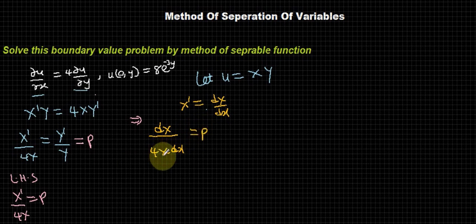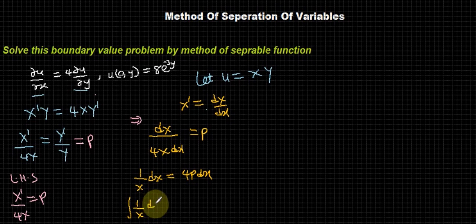We bring 4 dx to the right hand side, and we'll be left with 1 over X dX equal to 4p dx. At this point, we integrate both sides.